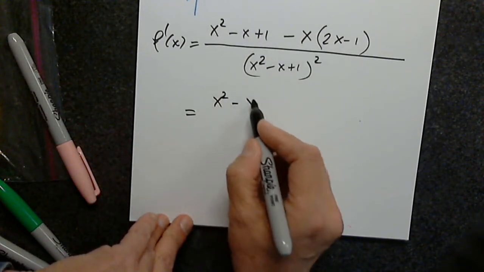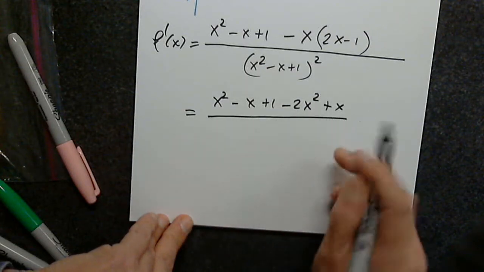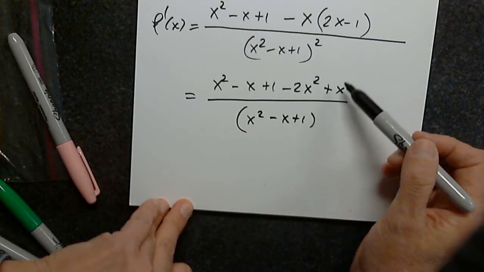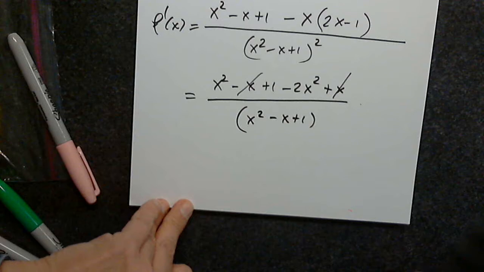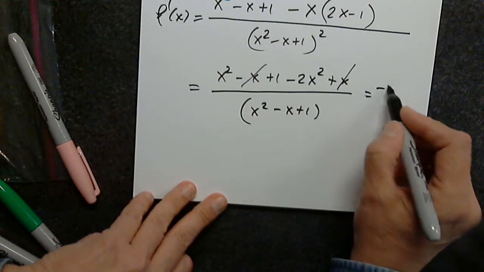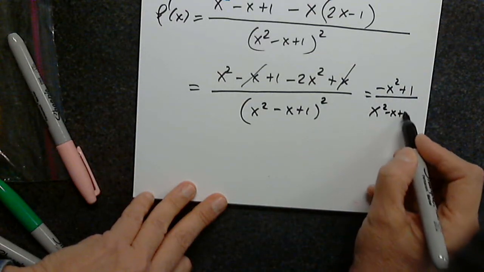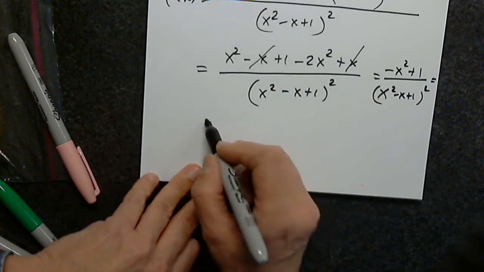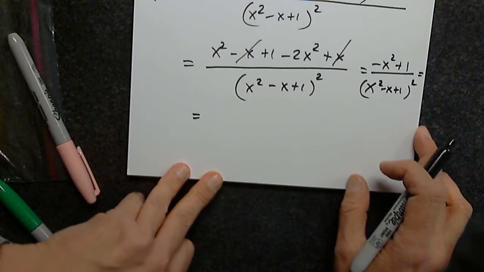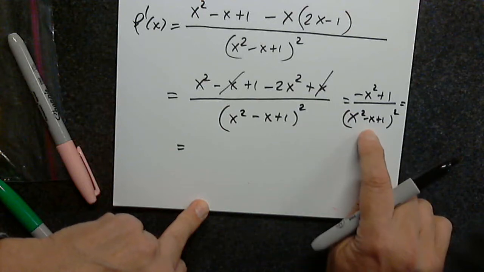So this is x squared minus x plus 1 minus 2x squared plus x, divided by x squared minus x plus 1. Luckily for us, the x and the negative x go away. Also, luckily for us, the x squared minus 2x squared will be negative x squared plus 1 over x squared minus x plus 1. Can't distribute the x squared. Say it again. We can't make it so the x to the fourth power minus. You mean this one? Yeah.